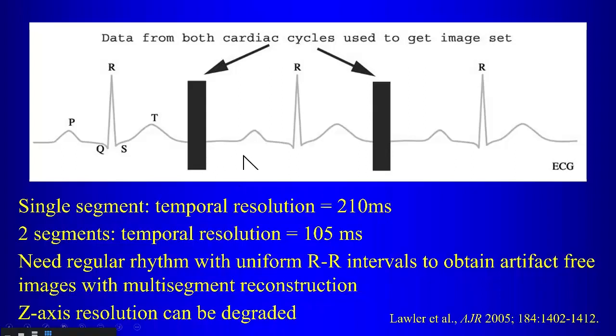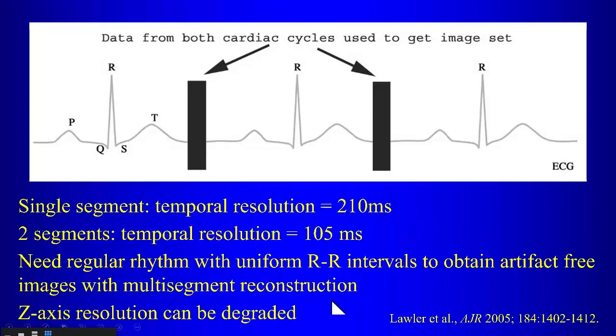So we take data from two adjacent cardiac cycles. We take 90 degrees of data from one and 90 degrees of data from the other. And so instead of a temporal resolution of 210 milliseconds, that can get us down to a temporal resolution of 105 milliseconds. Now you need a very regular rhythm because these two heartbeats have to be absolutely identical.